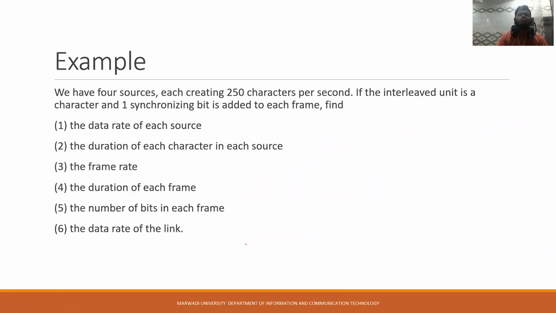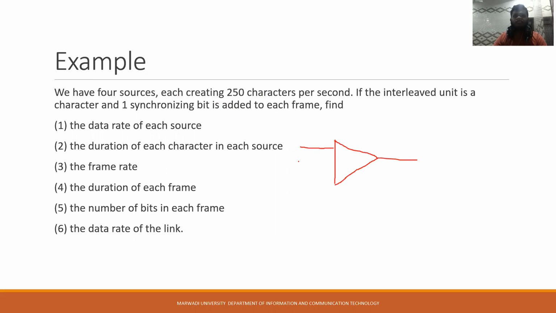Then let's jump into one more example. What we have here is four sources, each creating 250 characters per second. The interleaved unit is a character and one synchronization bit is added to each frame. So first, let's draw the case here.